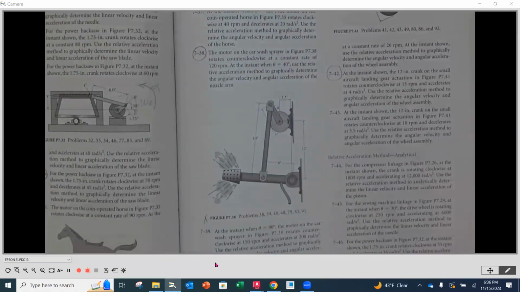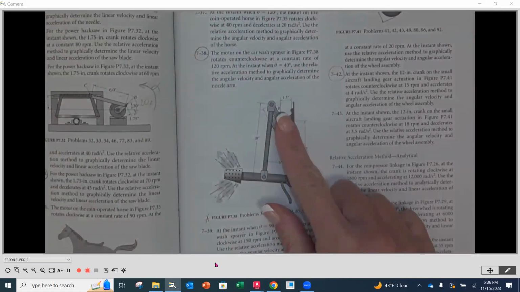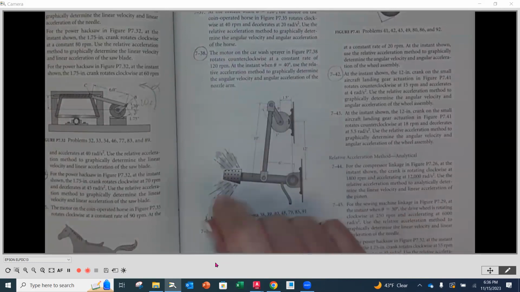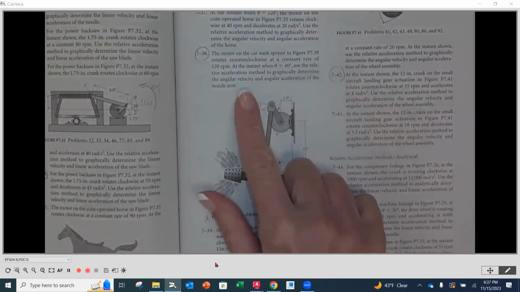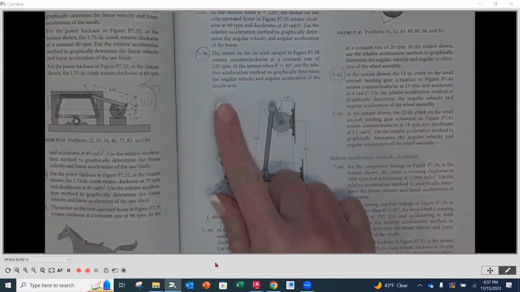So what that means here is that we've got a W2 of 120 going counterclockwise, but our angular acceleration alpha is 0 on the crank. At this instant, theta is 40 degrees, so we have that here. Use the relative acceleration method to graphically determine the angular velocity and angular acceleration of the nozzle arm.